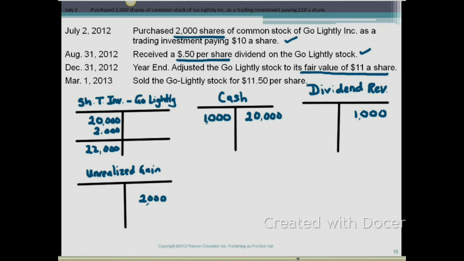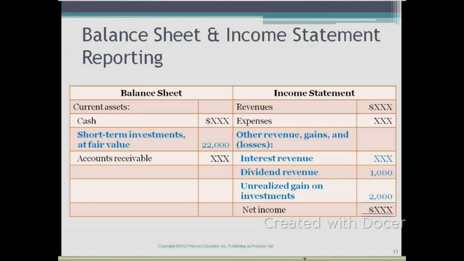Revenues and expenses go on your income statement. Now you've got this new item here, which is a gain. Gains and losses also appear on your income statement. So now you know that not only do revenues and expenses, but gains and losses also appear on your income statement. Let's go take a look at how they are presented.